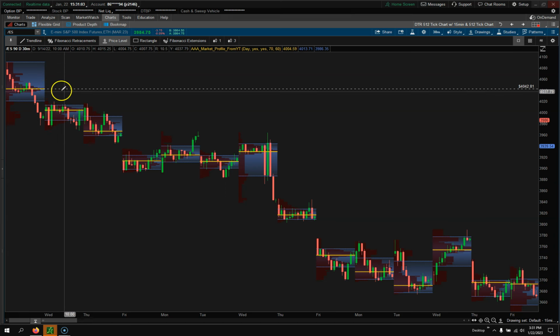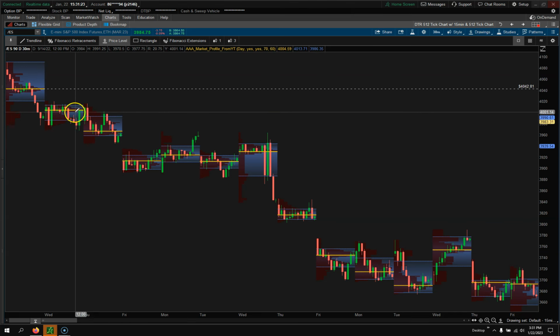If it doesn't, it stays a virgin point of control until it happens. So right now I know that right around the 42,75 level is the VPOC.